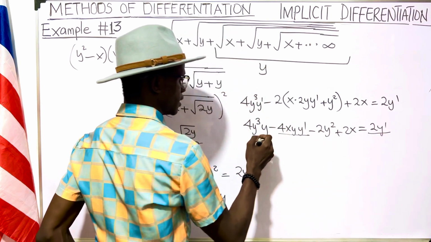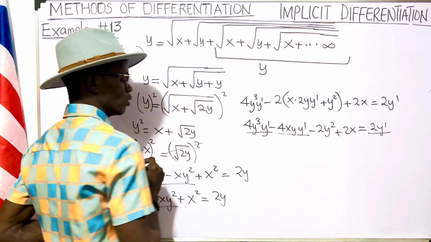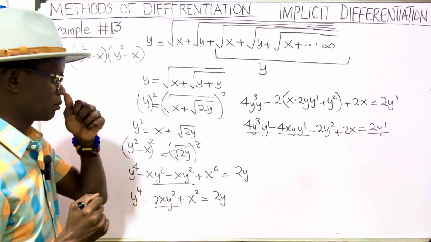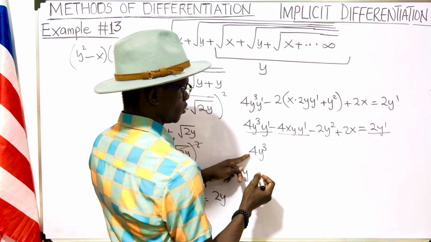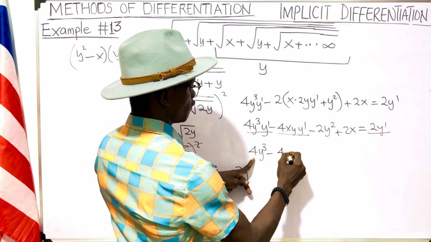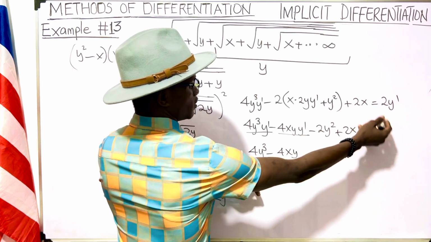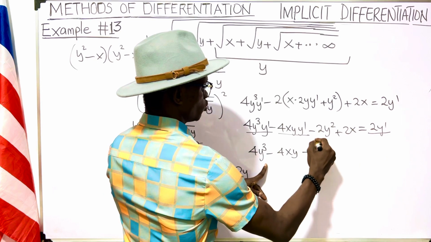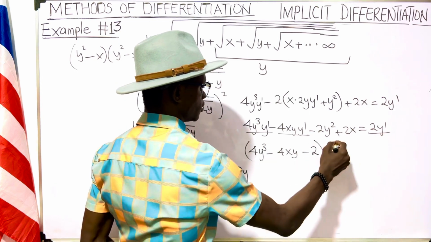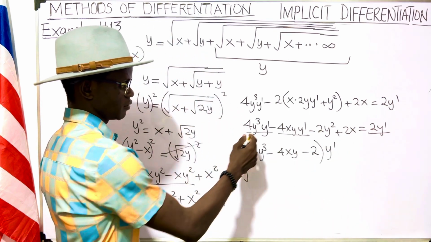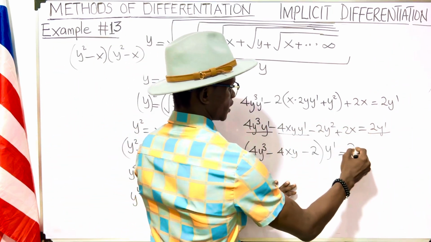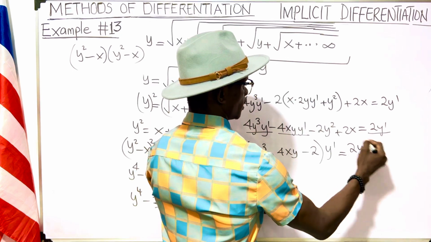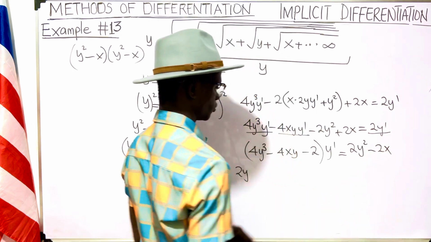So these are all of the terms with the prime: we have 4y cubed minus 4xy, and we send the 2 across, so it becomes minus 2. We factor out the y prime in each of these terms. All equals, if this goes across, positive 2y squared minus 2x.